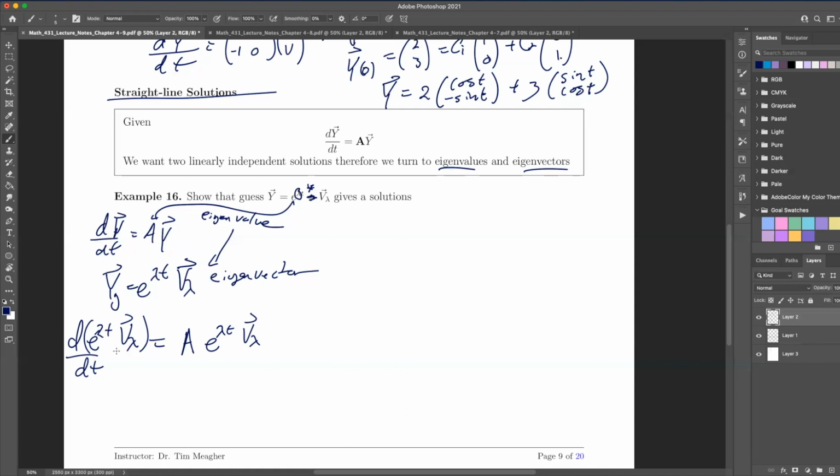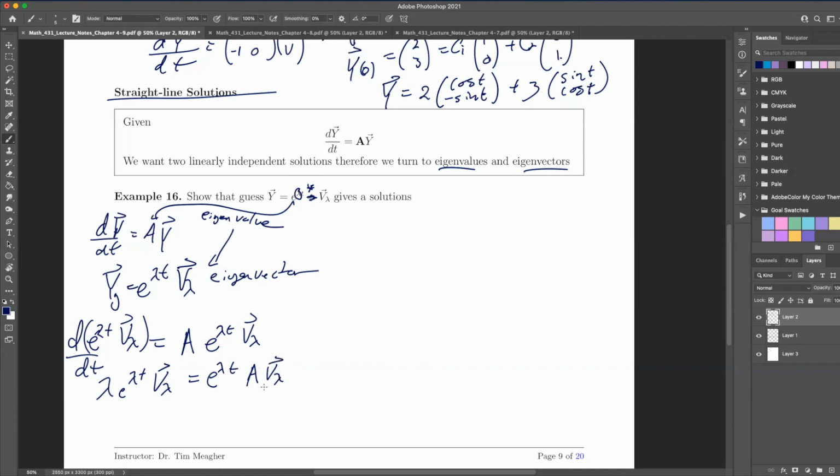Well, if I take its derivative, v lambda is just some constants, and here I have lambda t. So the derivative is lambda e to the lambda t v lambda. And this is equal to e to the lambda t A v lambda.